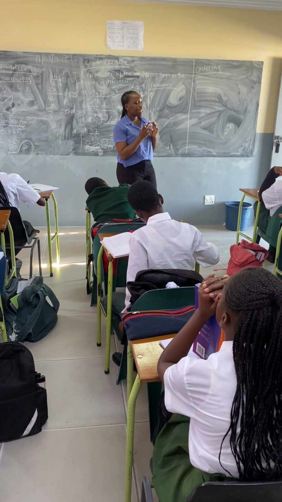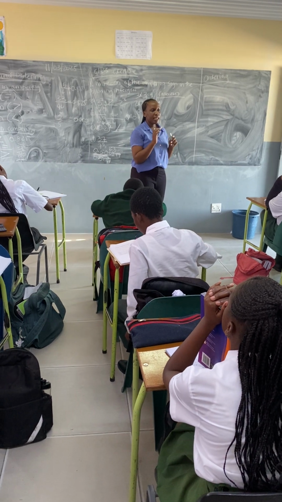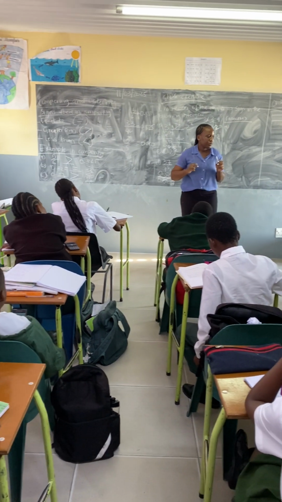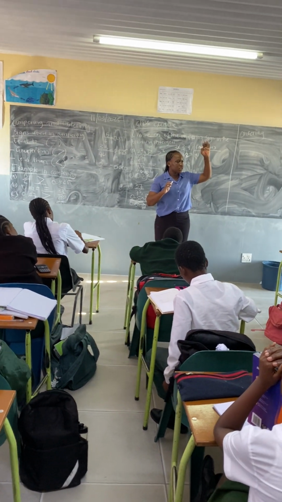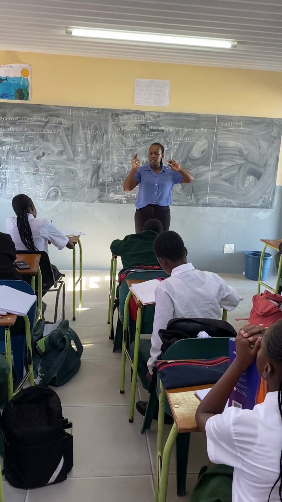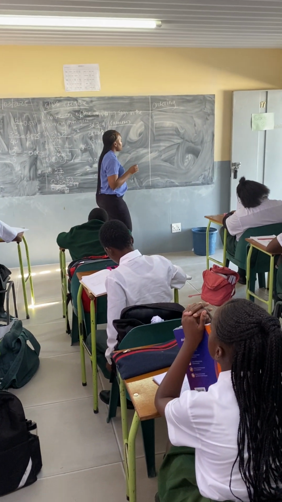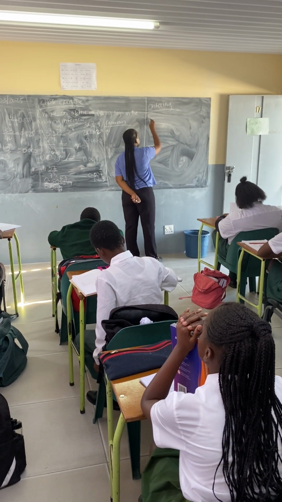If I was to order this class in a good pattern, I will arrange the class from the tallest to the shortest, or from the shortest to the tallest. That is ordering. Now in ordering we have terminologies called ascending and descending.